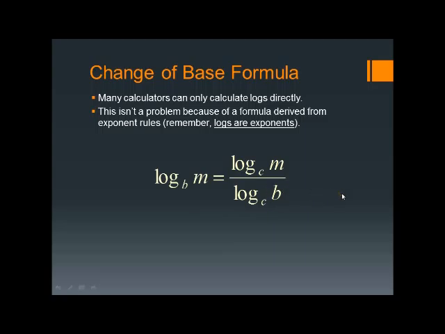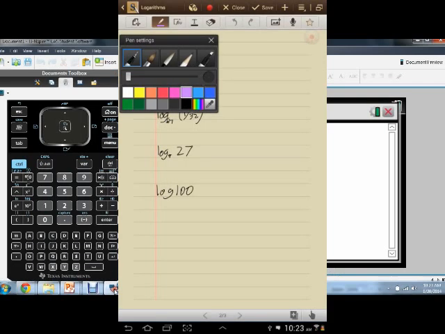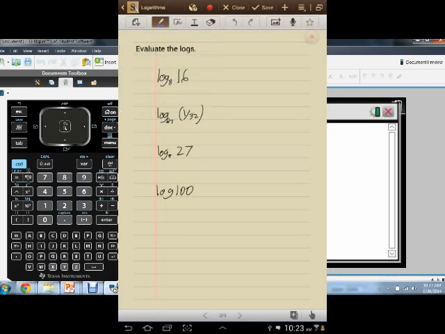So let's do a couple examples here. Now, in order to do these examples, you will need a calculator. If you're using something like the TI-Nspire in the classroom, and you do a logarithm on that, it will automatically set up where you can add the base and the number you're taking the log of, and that'll give you your answer immediately.